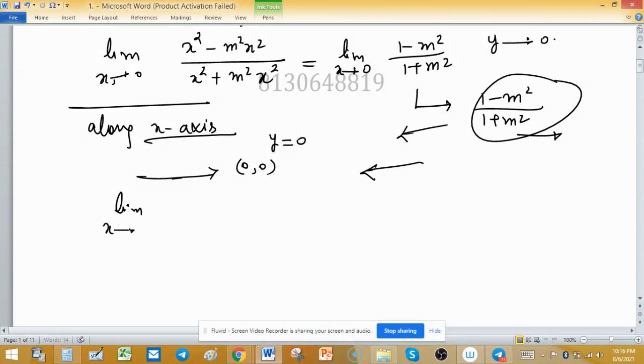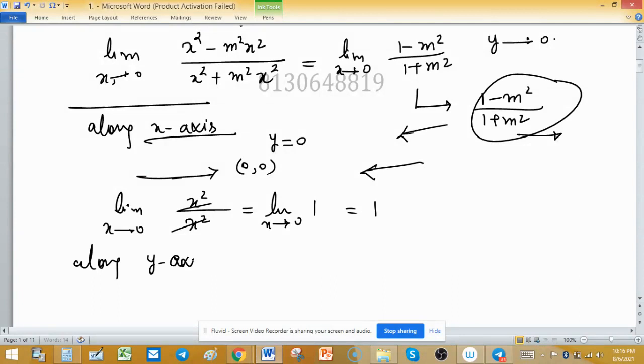So I can write this expression as the limit as x tends to 0, because y equal to 0, we have x square upon x square, and the other part will be 0 so it cancels out. We have the limit as x tends to 0 of a constant function. So the limit is 1 along the x-axis.